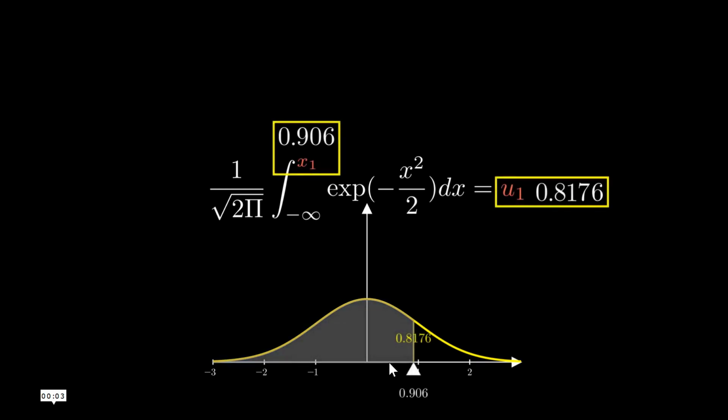Okay, so this time, suppose we simulated and got 0.8176. This inverse cumulative normal function would return 0.906, right, which is the value you have to integrate to, such that the area under the curve up to that value is 0.8176.